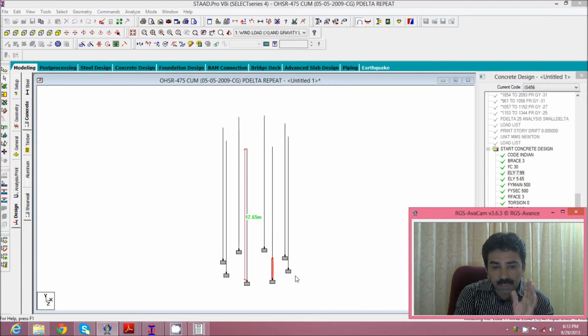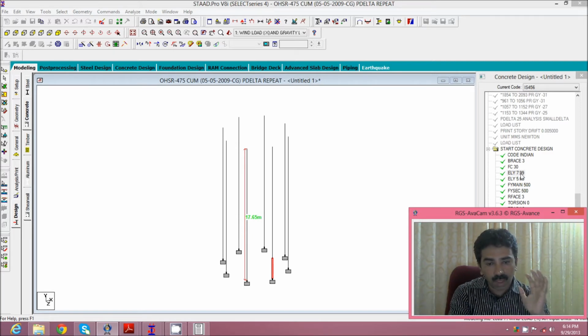So this aspect we have to be more careful while giving to the structure, because if we give ELZ as 7.99 instead of ELY as 7.99, then there will be a difference in the moment. Still the column would be designed, but the amount of steel what we get is definitely not true to the actual requirement.